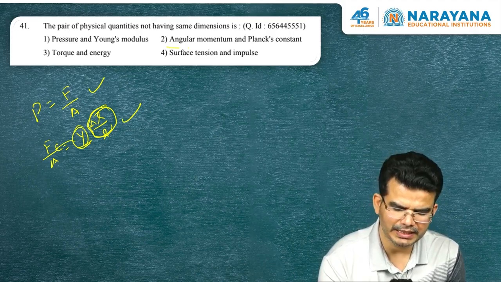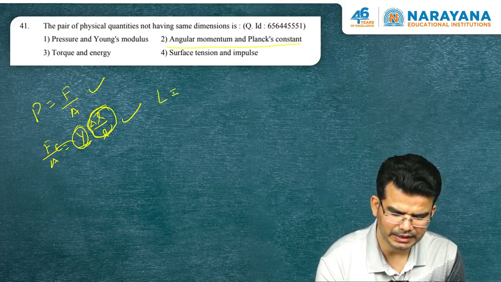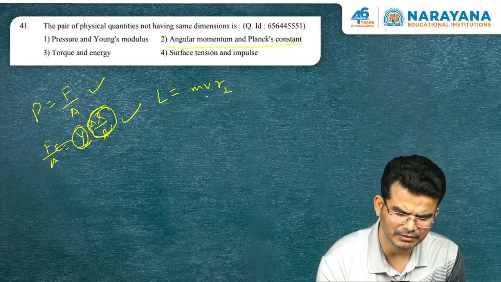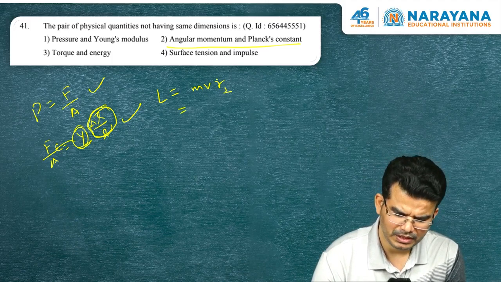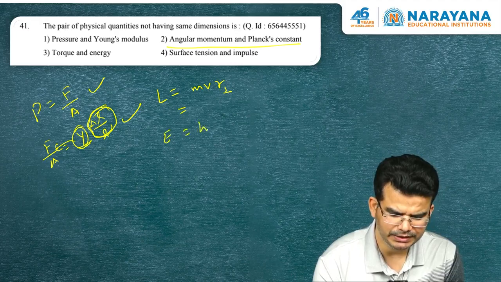Angular momentum and Planck's constant. Angular momentum L equal to mvr perpendicular. Right now we are simply writing, anyway dimension is required. What is Planck's constant? E equal to h nu, a basic formula.